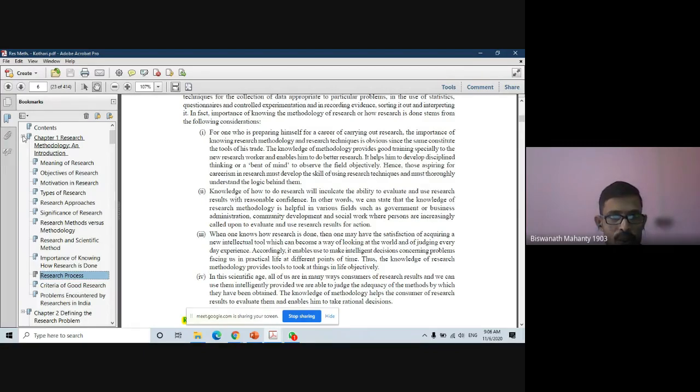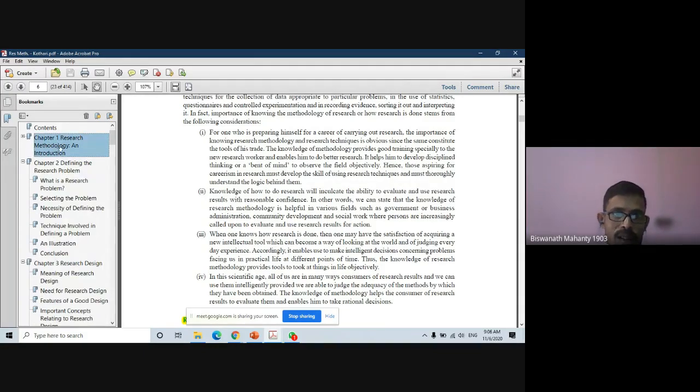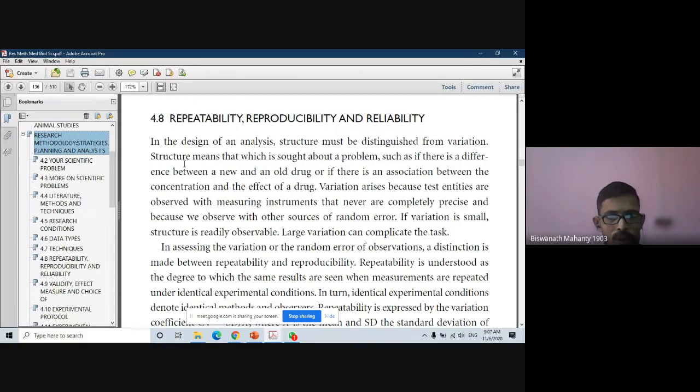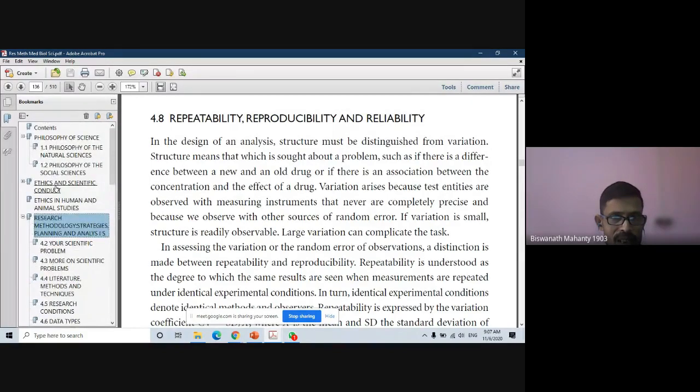So for example, this Kothari textbook chapter 1 we are going to discuss for today. Next day we will go a little bit more into how to explore the design, how to make a design. All those concepts will come in chapters 2 and 3. In the same manner, here we'll also discuss, not now, because the first step is here, philosophy of natural science.